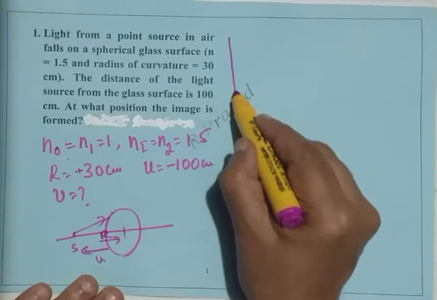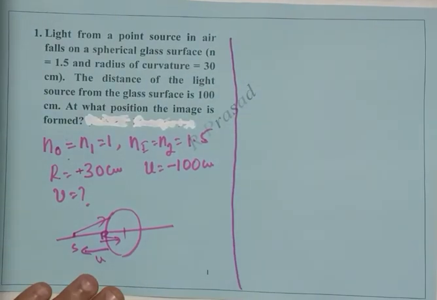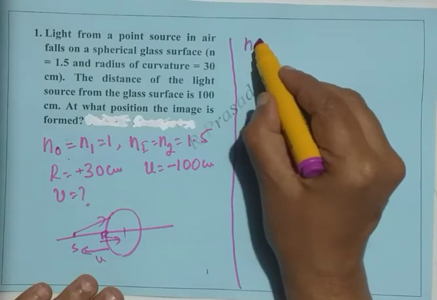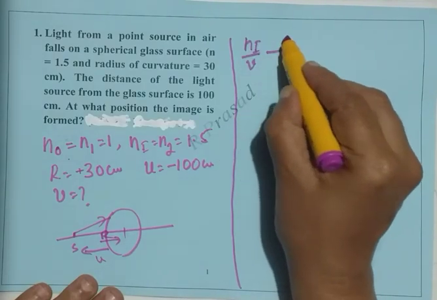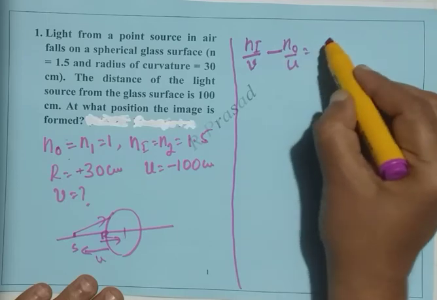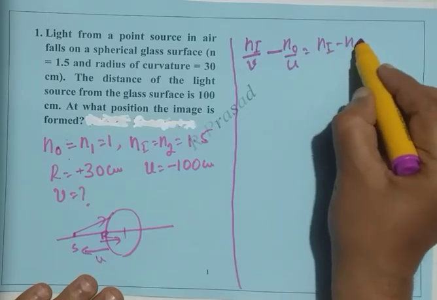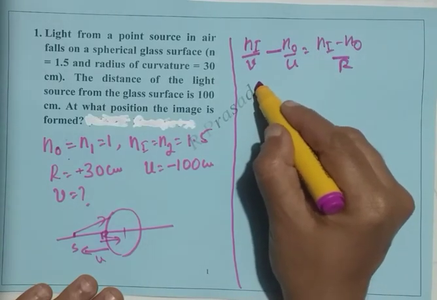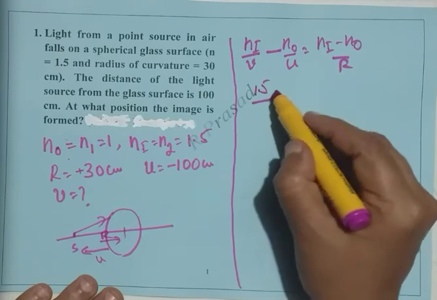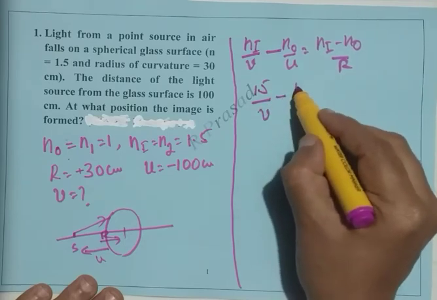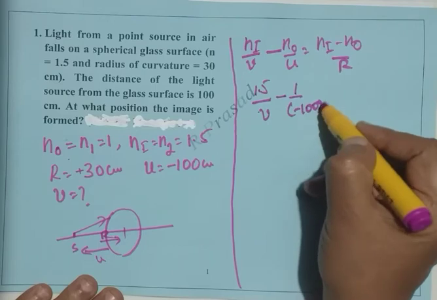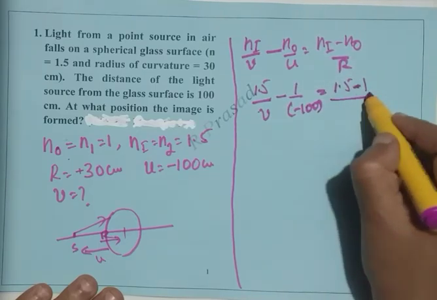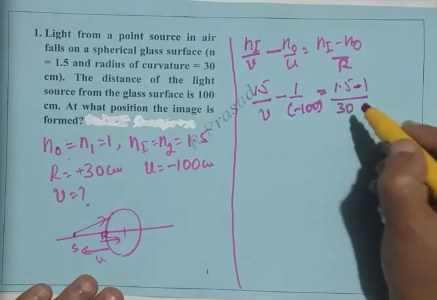We straight away substitute in the formula and we get the final answer. The formula for this is Ni by V minus No by U equals Ni minus No by R. We substitute everything. 1.5 by V minus 1 by minus 100 equals 1.5 minus 1 by R, 30.